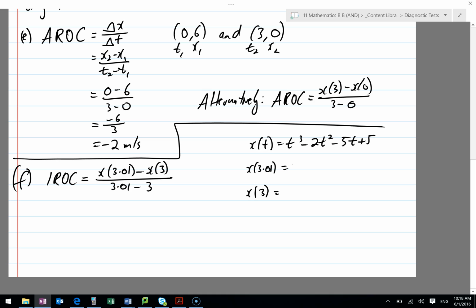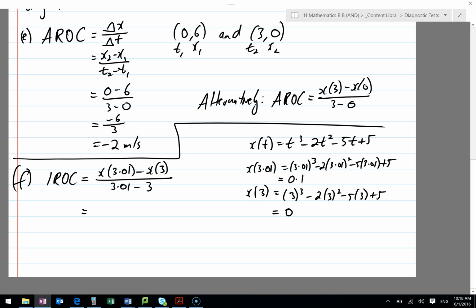So I'm going to sub 3.01 into these, and sub 3 in here as well. I'll get 2 values here, so this one's 0.1 and this one's 0.